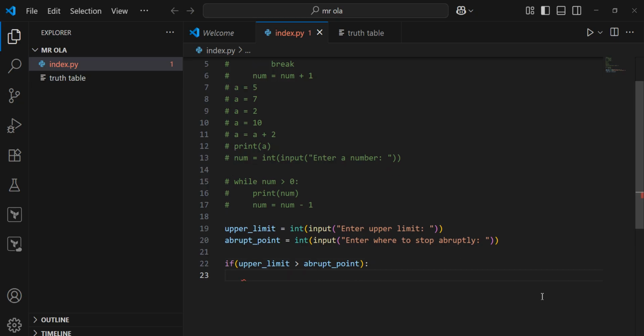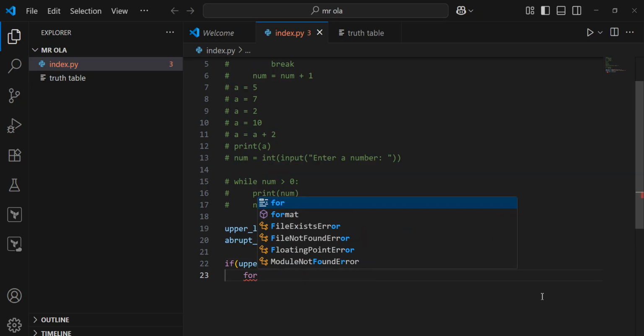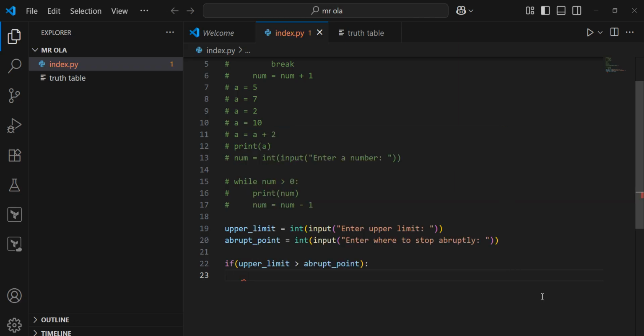So I want to say, while, starting from 1, display all the numbers from 1. While the upper limit is greater than the first number, as long as the upper limit is greater than it, I want to print.